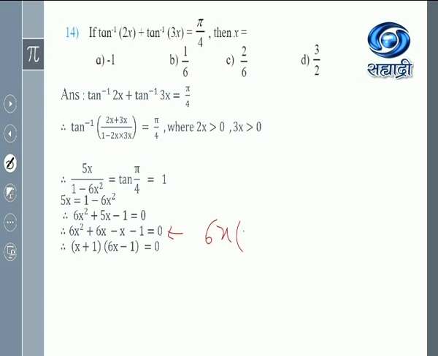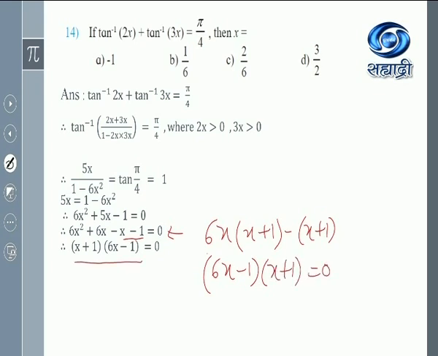And the bracket is what? x plus 1. From the remaining two terms, we take the minus sign outside. And again, you will get x plus 1. So the factors are what? 6x minus 1, another bracket, x plus 1, is equal to 0, which is this step.